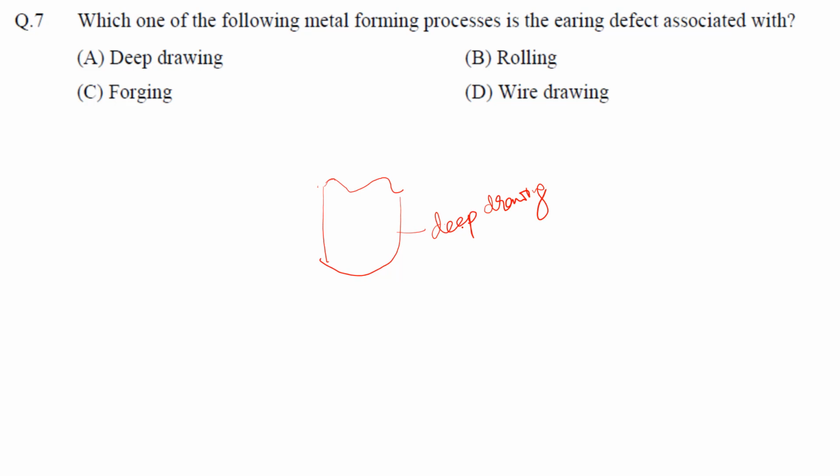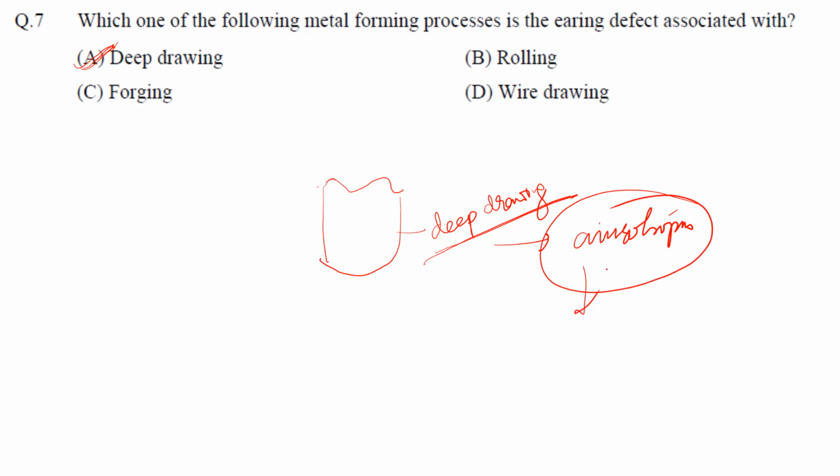So this is associated with deep drawing, and this happens because of anisotropy. Means properties are different along different directions.